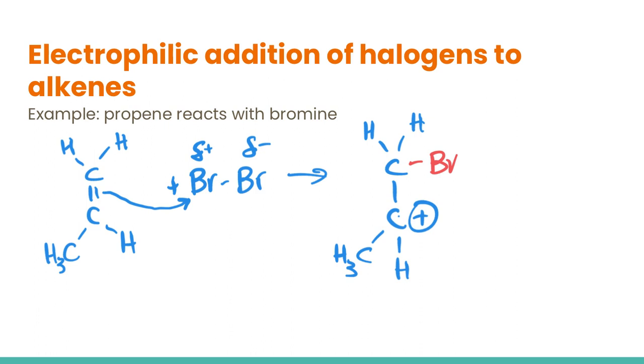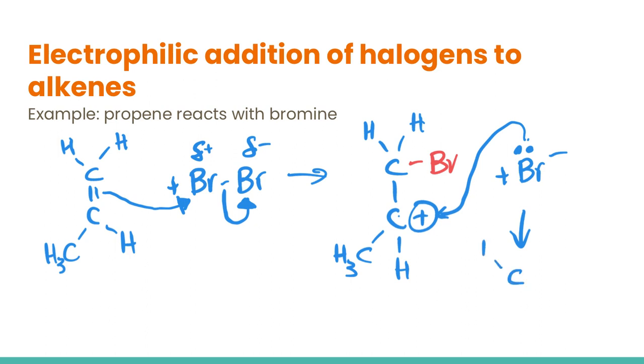And I always forget to do this. This bond's breaking and the electrons are going there. And so we created a bromide ion. We need to show the lone pair of electrons on it. And then in step 2, it's going to attack that positive center to create our final product.